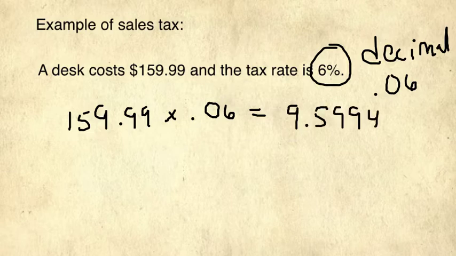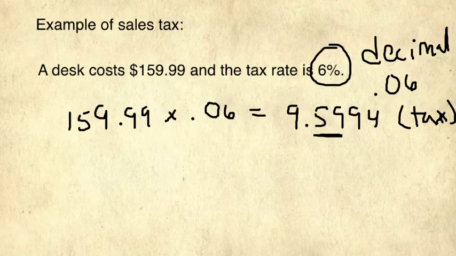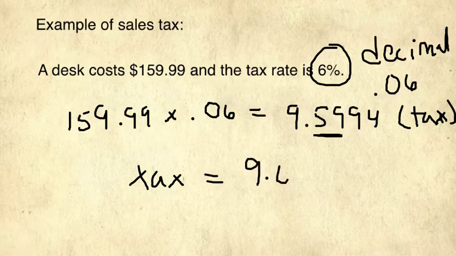This is the tax. Okay. With money we have to round to two decimal places. So what does this 9 tell this other 9 to become? It tells it to become a 10. If it's a 10, I got to carry that 1 over to the 5 and make it a 6. So our tax, rounded, is actually $9.60. This is only the tax.